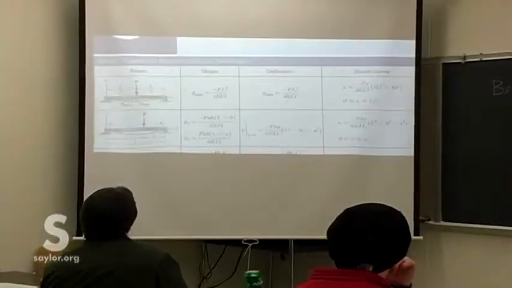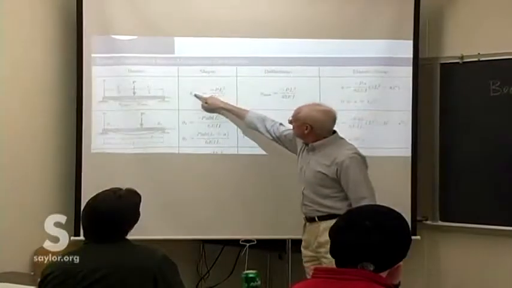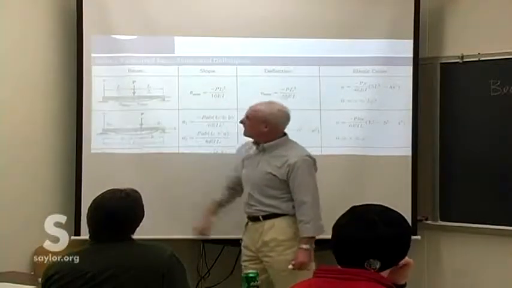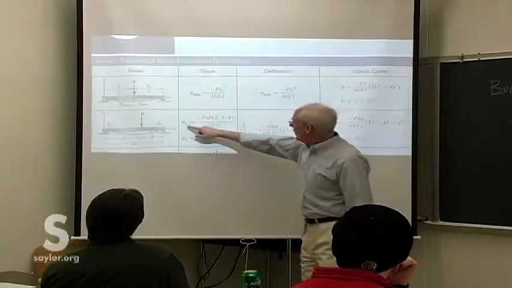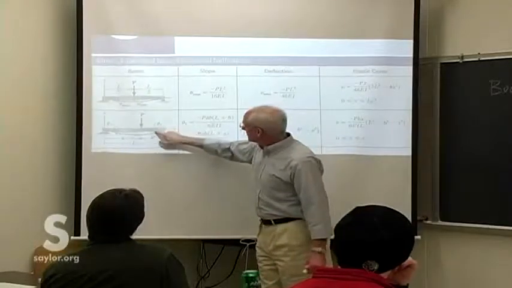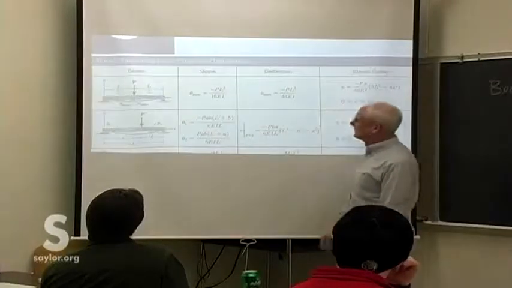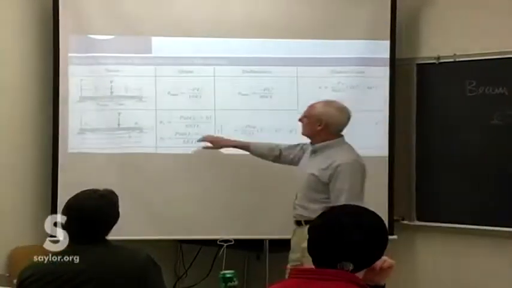And what's available here is the slope, usually as a function of the maximum slope, the maximum angle made by the beam under that particular load, or possibly the two different slopes at the different ends, depending upon what the load is. What you have to do, though, is be very, very careful.